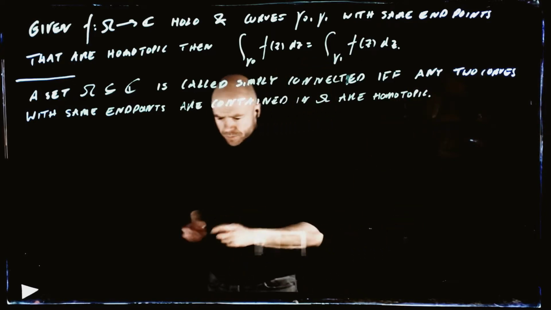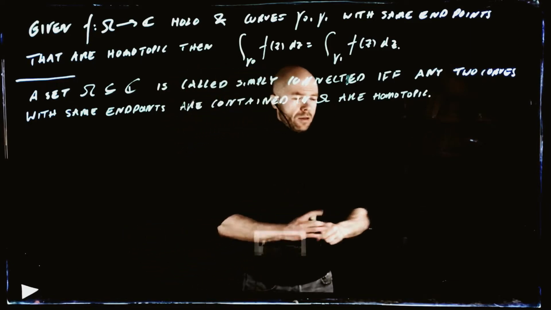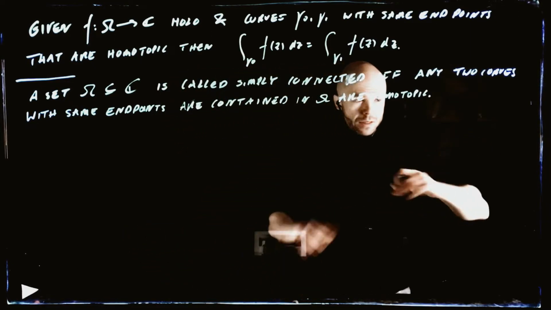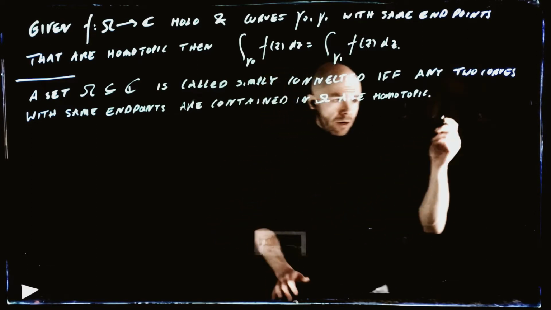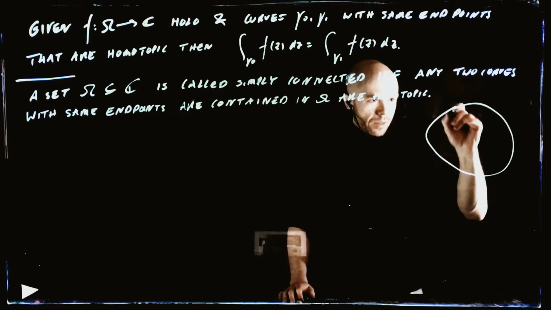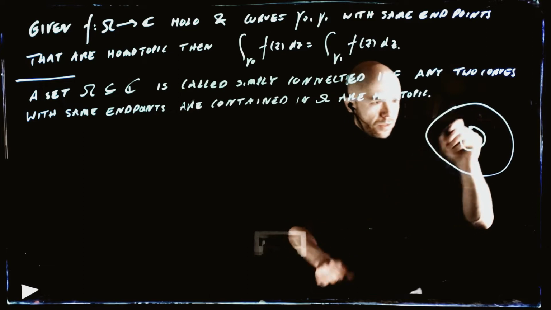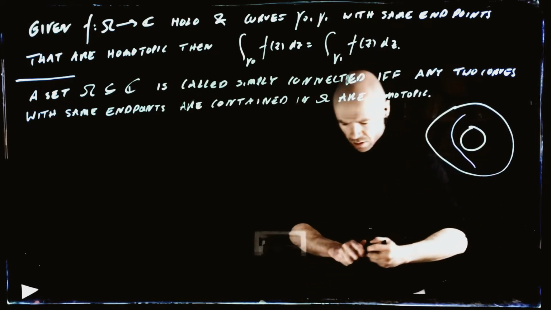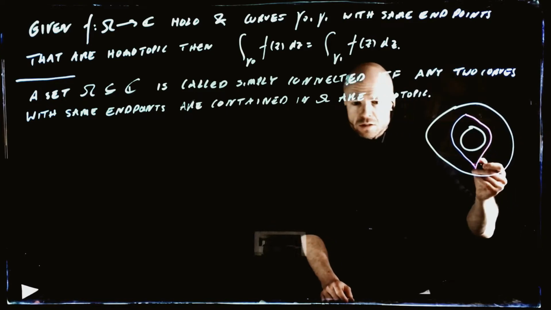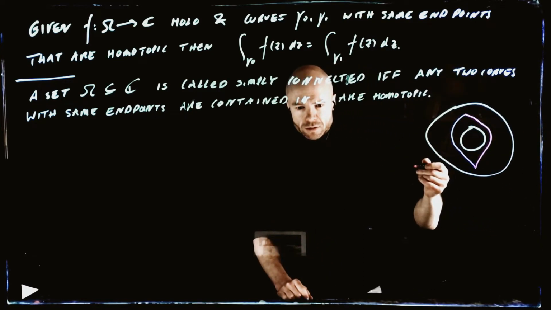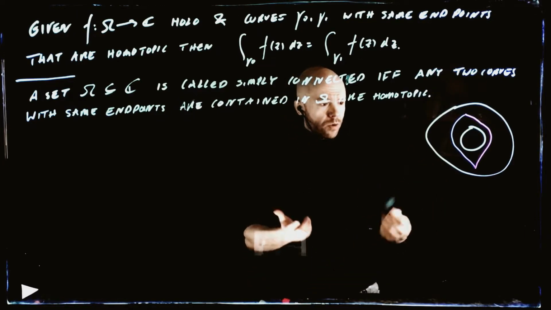Okay, and that in the crudest sense just means that the thing doesn't have any holes. So if we have a donut shape like this, then there's no way that these two curves are homotopic. We just can't deform one smoothly onto the other without ever leaving the set or having some kind of discontinuity. But if you don't have that, then you're in good shape, right?